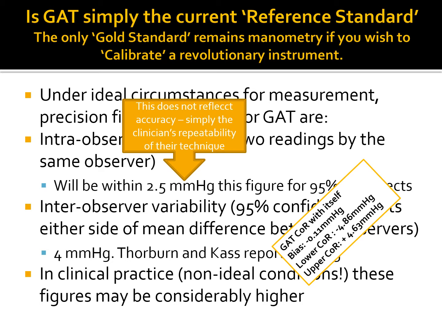Or is it simply the clinician's repeatability of their own technique, because they're comparing themselves to themselves? Even if they're making the wrong reading, if they repeat their own technique, they'll probably show quite good repeatability. So even the figure has to be critically appraised before you think about how you're going to interpret it.